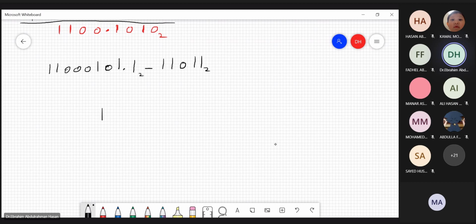Again, write it like this. Dot 1. So here it is dot 0. So we have 1 1 0 1 1.